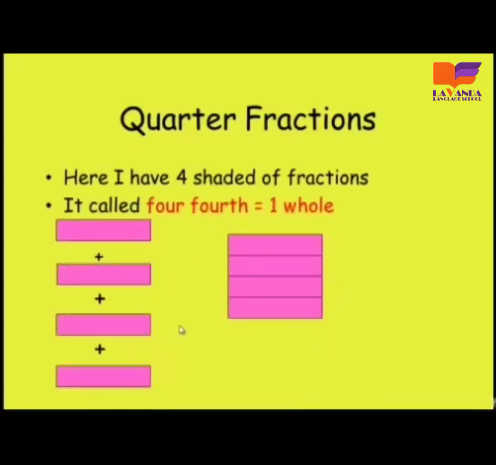If I have 4 colored parts, it will be 4/4. I colored all the square, so it will become 1 whole. So if I colored the 4/4 or the 4 parts of a square, it will become 1 whole.